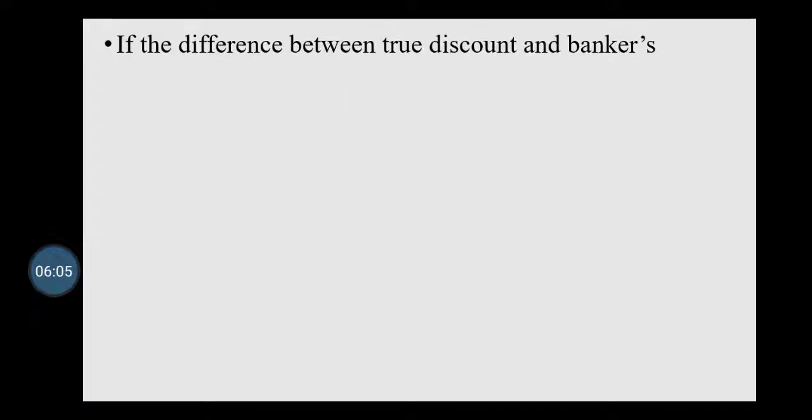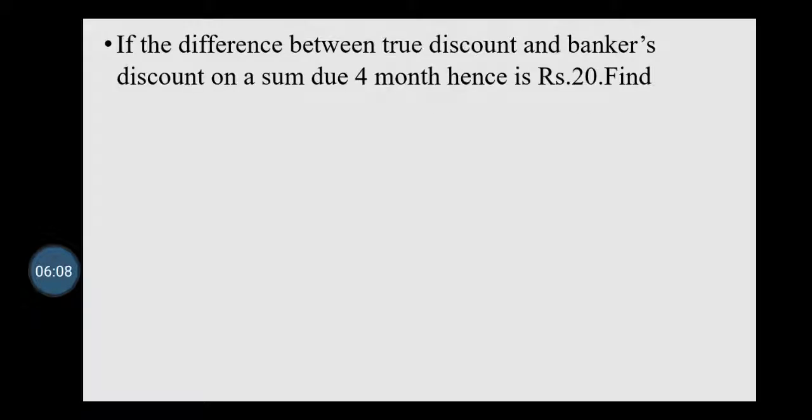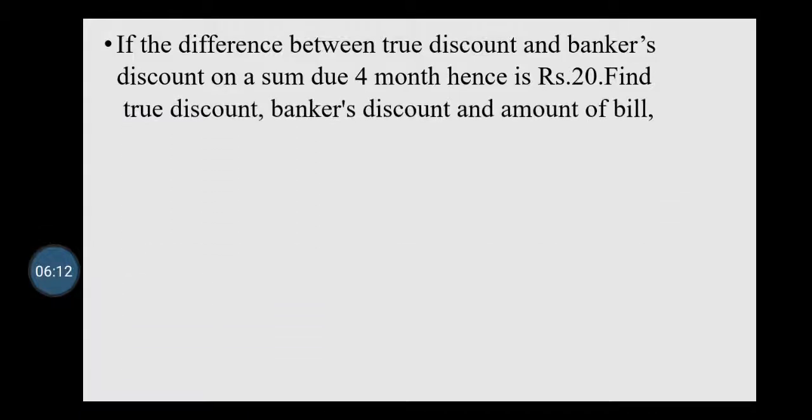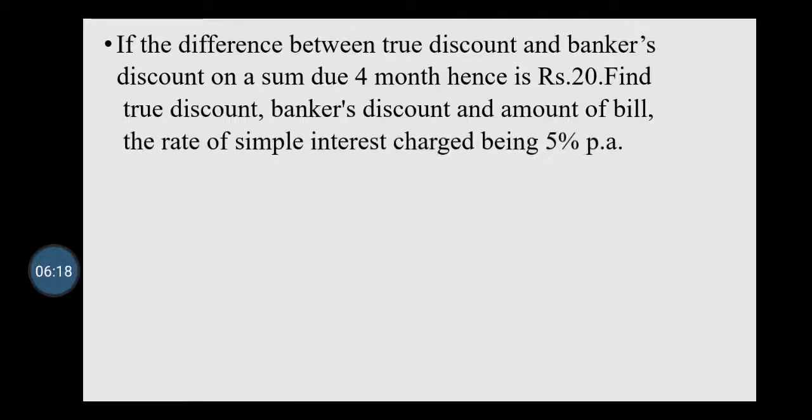If the difference between true discount and banker's discount on a sum due 4 months hence is rupees 20, find the true discount, banker's discount and amount of bill, the rate of simple interest charged being 5%.